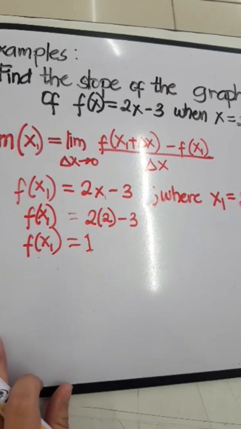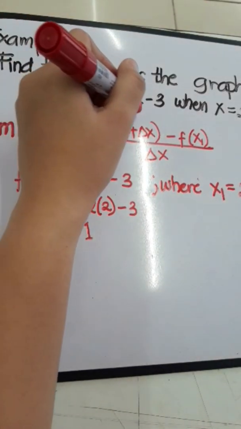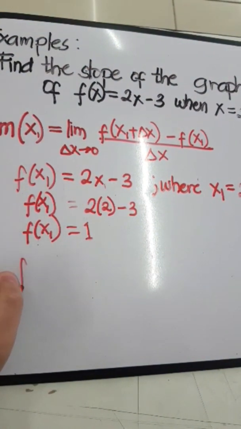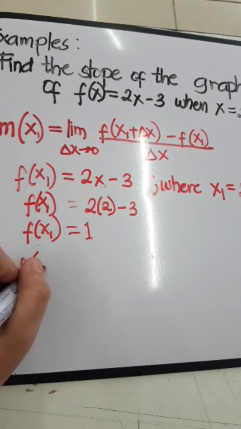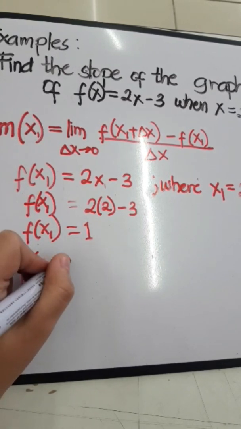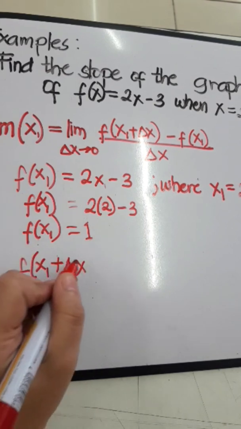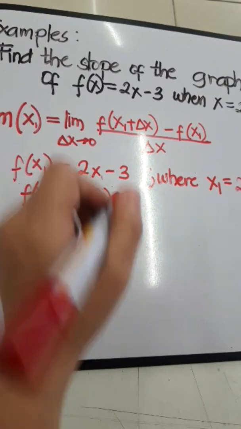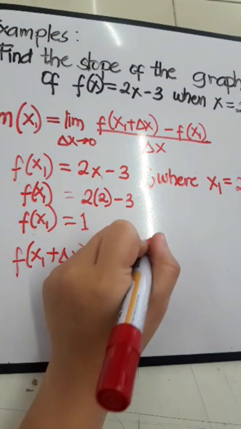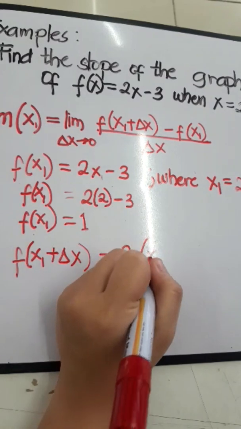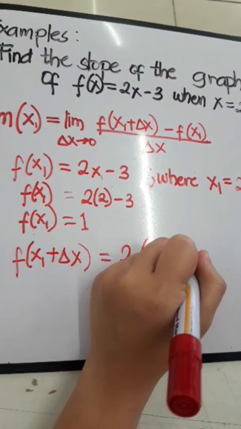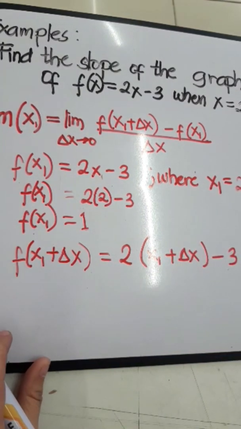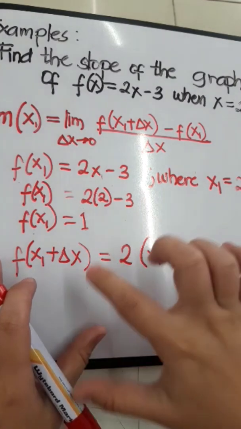So we are going to proceed with this part of the equation: f of x sub 1 plus delta x. Given our function 2x minus 3, it is 2 times x sub 1 plus delta x, minus 3. Okay, then we are going to simplify this part.